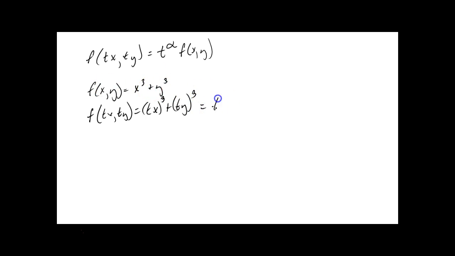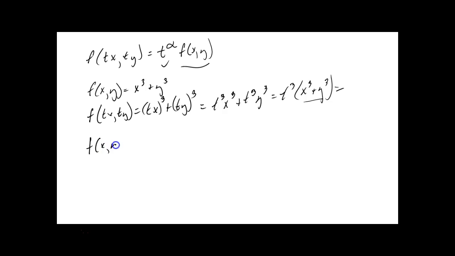This would be t cubed x cubed plus t cubed y cubed, which is t cubed times x cubed plus y cubed, which is exactly t to the alpha, where alpha is 3, times f of xy. That's exactly what we've got here. So this would be of degree 3. Okay? Now, let's change this ever so slightly.